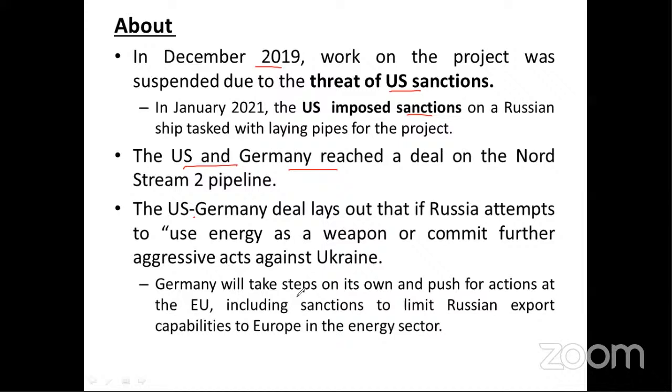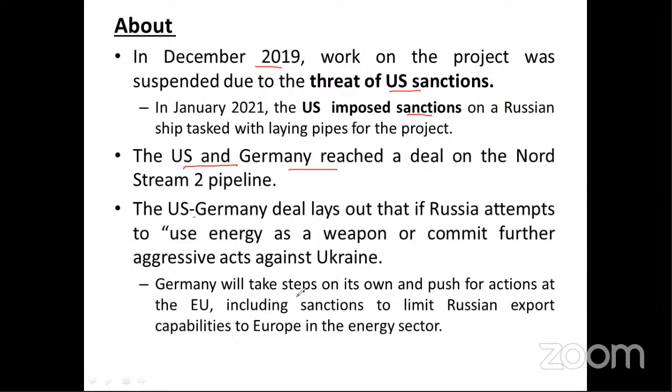Now, because of dependence, Germany and other European countries will depend more on the supply of resources from Russia. Because once this pipeline is set up, it will provide natural gas, so European countries will depend more on Russia's natural gas.